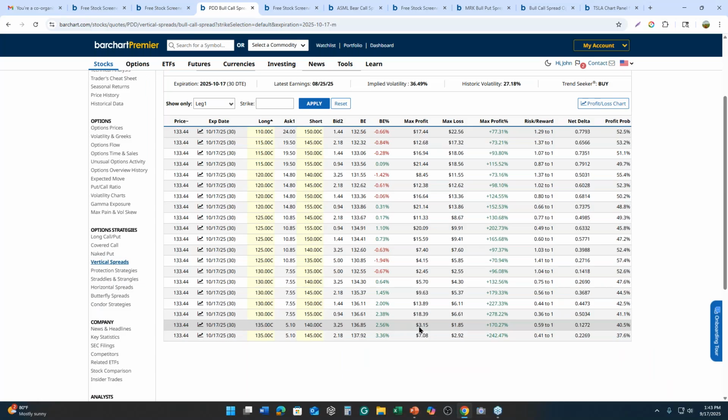Now our reward is capped, it's a little bit lower than the 130, 140, but the risk to reward is much better. Now notice that our delta here is below that 25. Again, a lower probability of this trade playing out. Again, you need to be very confident in what your analysis is. So here's where we look at delta, and we also look at that risk reward ratio. All right.